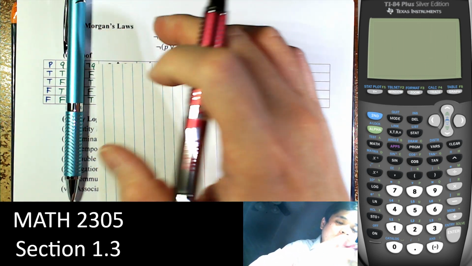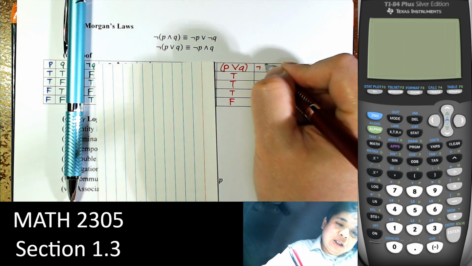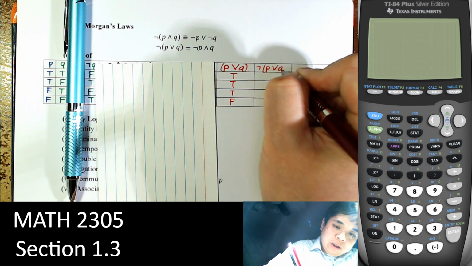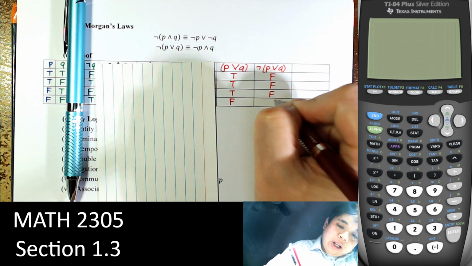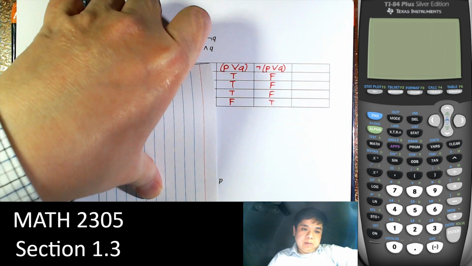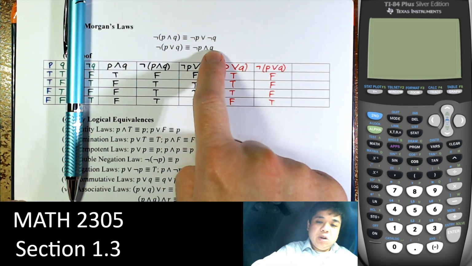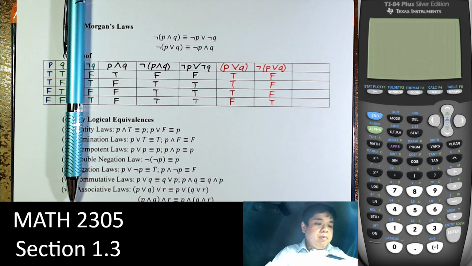Now we need a negation of that. So false, false, false, and true. There's a typo. This should be a negation here. Sorry.